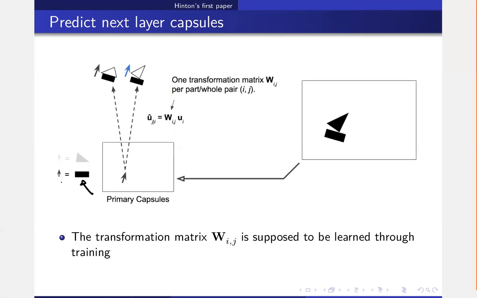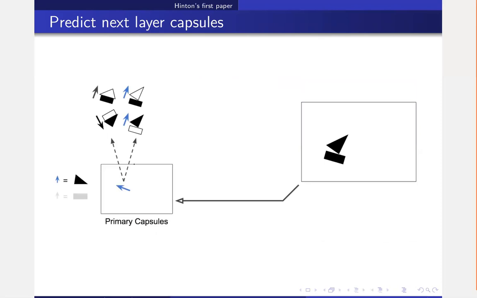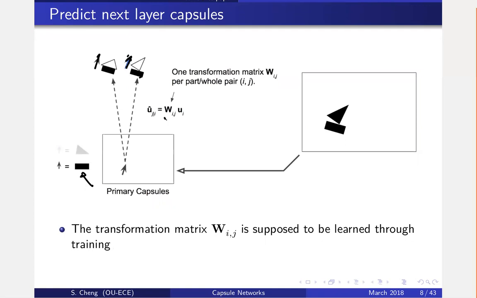The rectangle capsule will predict the orientation of the boat this way, because the rectangle is this way. Similarly, it will predict the house orientation this way. And by the way, this is the W I mentioned earlier, right?